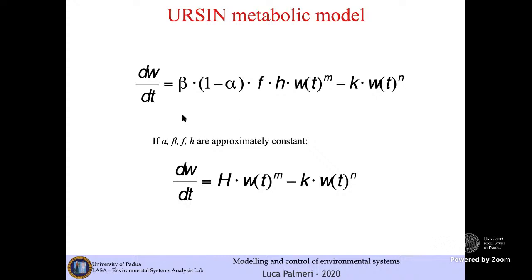Okay. If alpha, beta, f, and h may be considered approximately constant, we may cluster all these constants into two macro constants that include all the heterogeneity and all the different factors that we have used to build this model, so that we may write that the variation in time of the weight of a fish is equal to a capital H collective constant times the weight of the fish raised to the power m, minus a K collective constant times the weight of the fish raised to the power n.